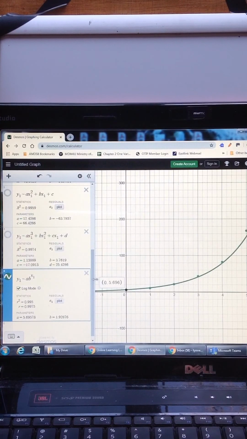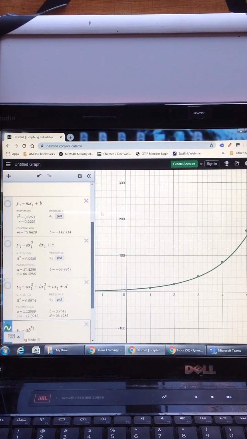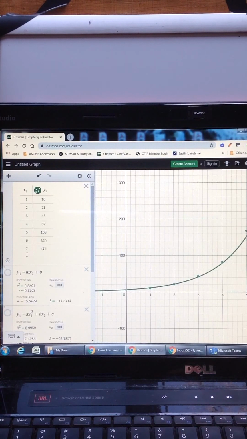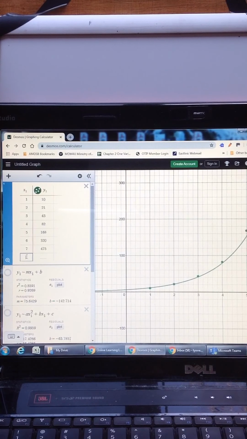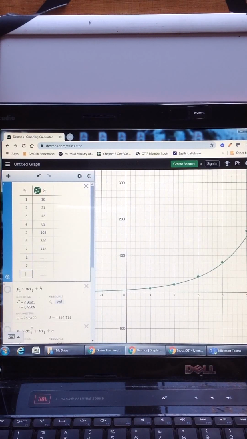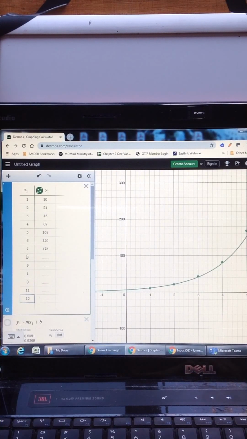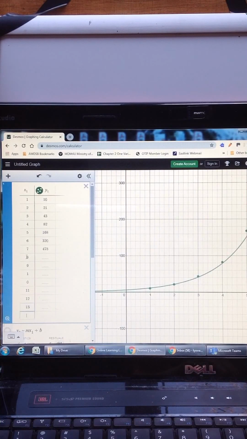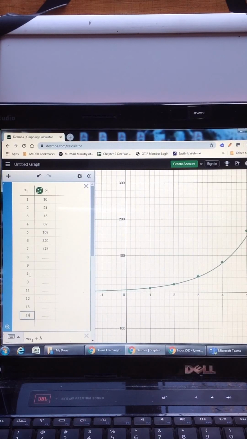Now in question 4, it says, what happens if we add a little bit more information to our culture? Let's go on beyond 7 hours. So let's add 8, 9, 10, 11, 12, 13, and 14. Okay, I'll just go up here and change this. Here we go.